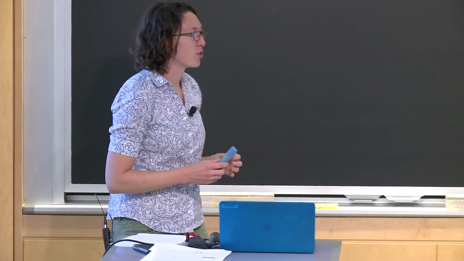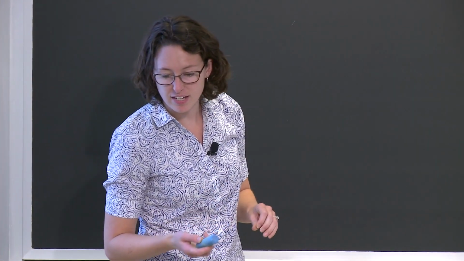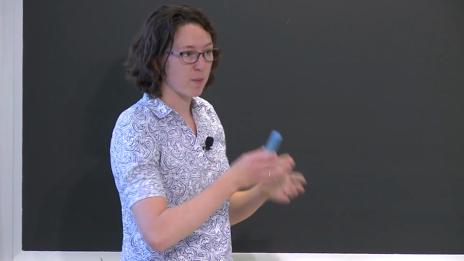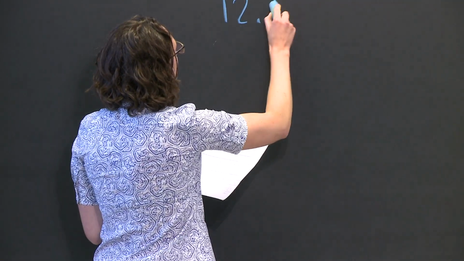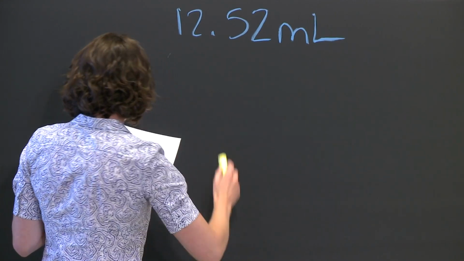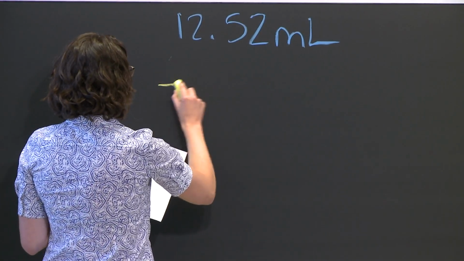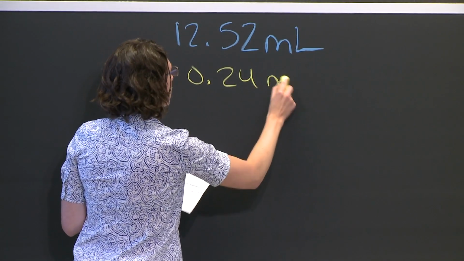So one of the ways that you could think about adding up the error in these measurements is just straight up adding the error. So for this first example, we have 12.52 milliliters. And then the volume by difference, we have 0.24 milliliters.